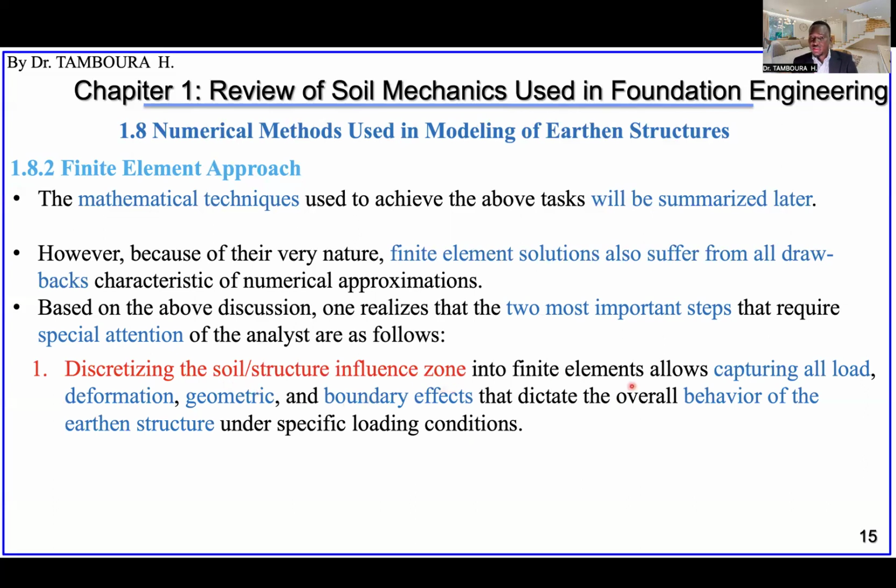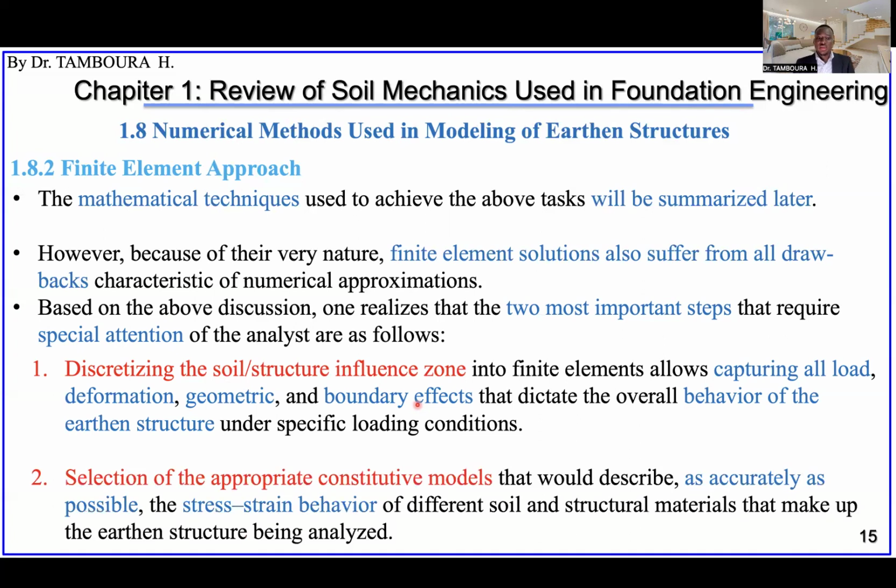That will allow capturing all load, deformation, geometric, and boundary effects that dictate the overall behavior of your structure under specific loading conditions. Divide it as small as possible, mainly where you are expecting more stress, more deformation. Be sure to divide that zone in small elements. This is the first most important thing.